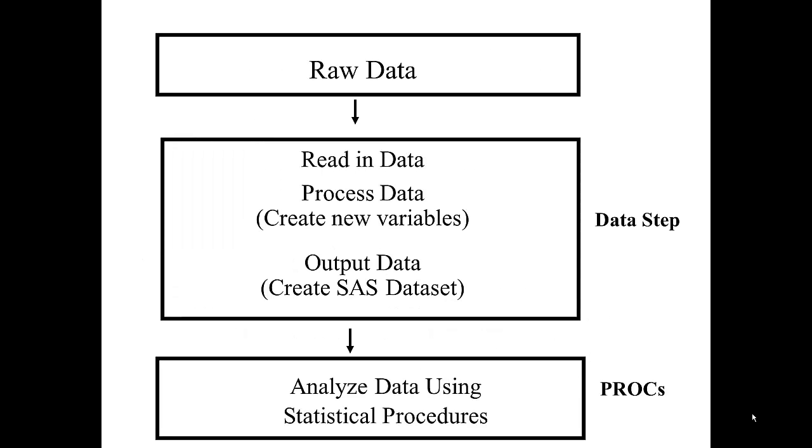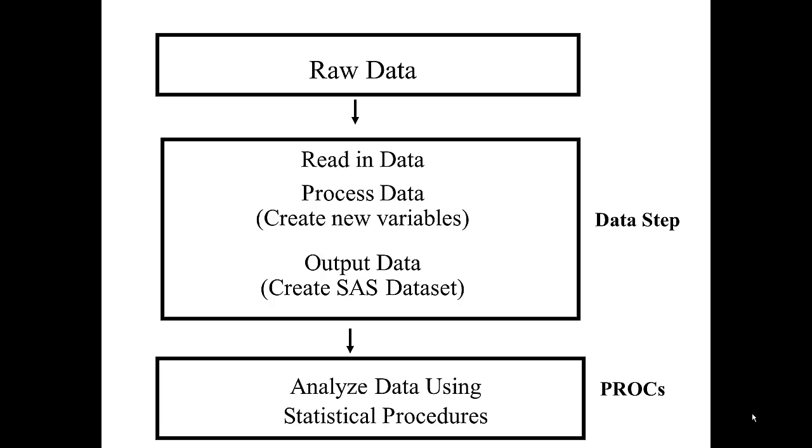Here is a graphic to illustrate the processes related to your SAS program. You start with raw data that got entered into the computer. There are many ways the data can be entered and stored into the computer, and we will be talking about that. The first step in your program will be to read your data into SAS and create a SAS data set.